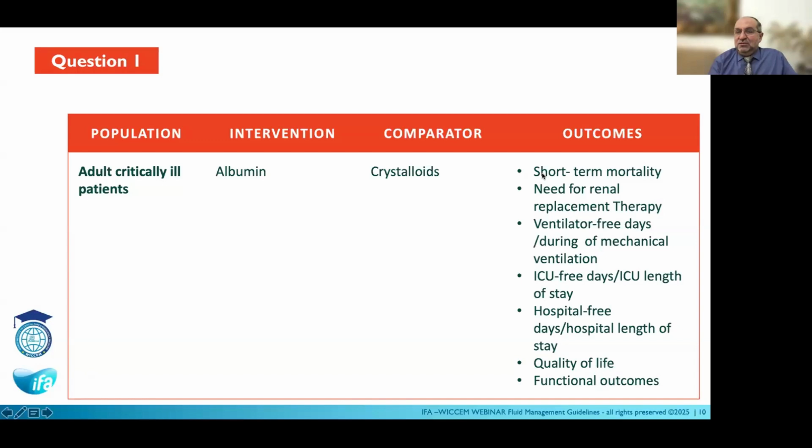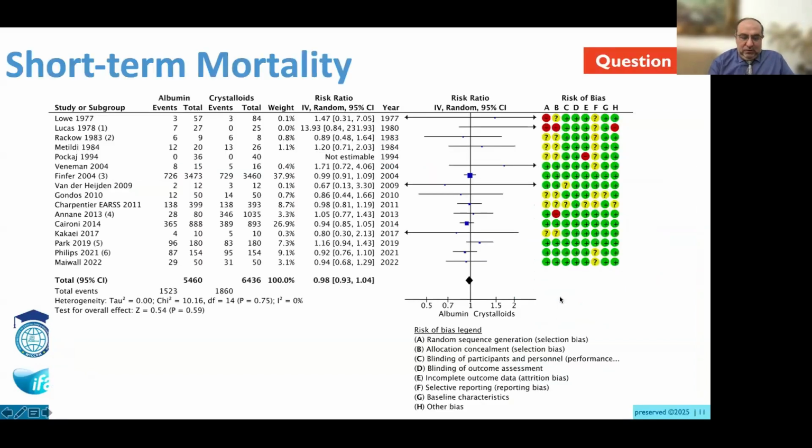And we're looking at outcomes that were mentioned a little earlier: mortality, need for renal replacement therapy, etc. For this question, we identified 16 randomized controlled trials that included more than 12,000 patients. And as you see in this first plot, the relative risk is 0.98, with a confidence interval between 0.93 and 1.04, which crosses 1, on both sides of 1.